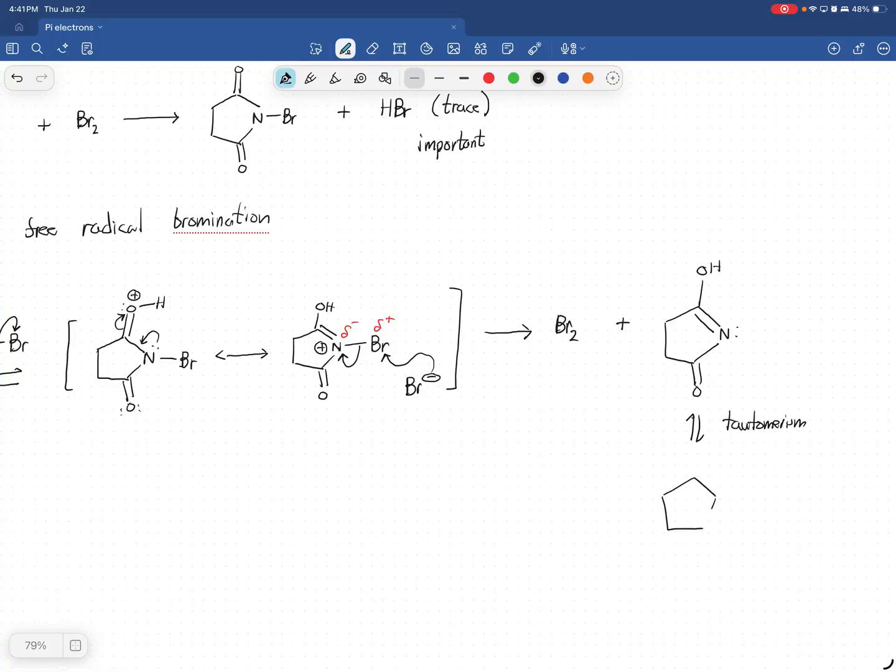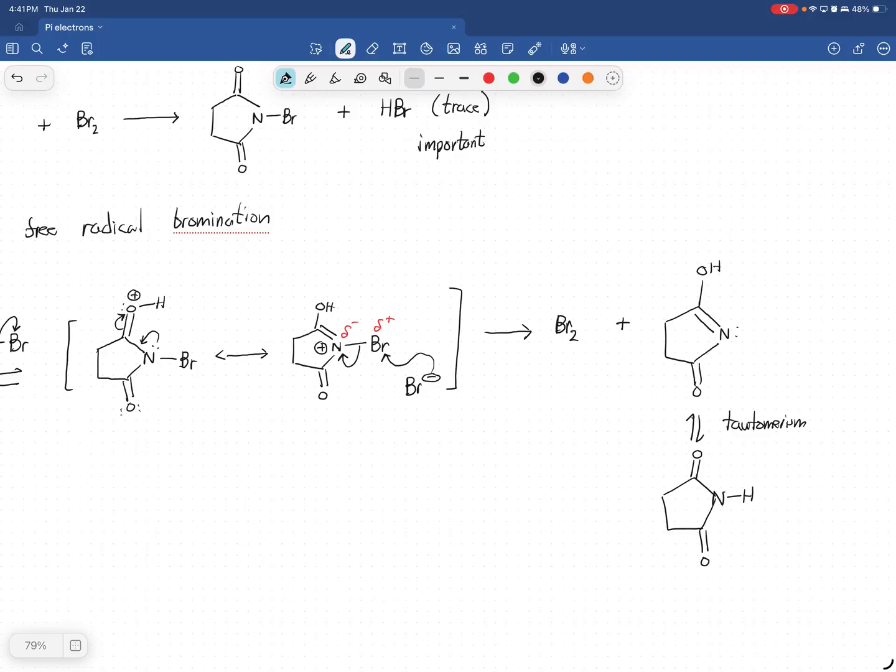Okay, so the double bond is going to switch, and the hydrogen is going to switch places and belong on this nitrogen atom here. So this is called tautomerism, and that's how that product ultimately forms. Now, why does it do this? Well, a C=O double bond is much stronger than a C=N double bond, so that's the driving force. More polar bond, stronger bond, more stable, so the molecule itself is more stable.